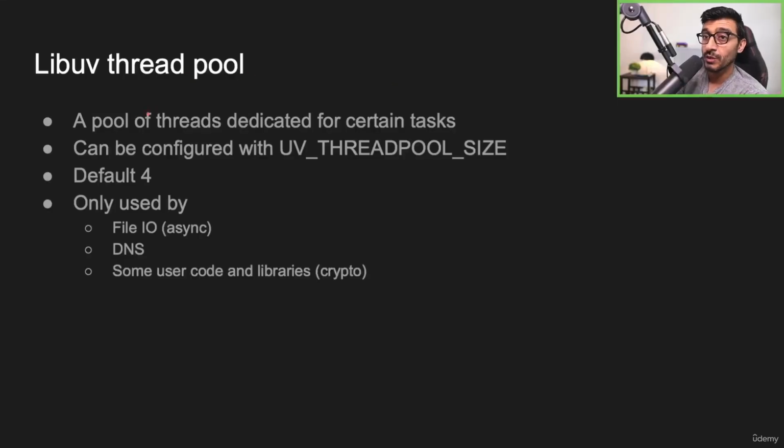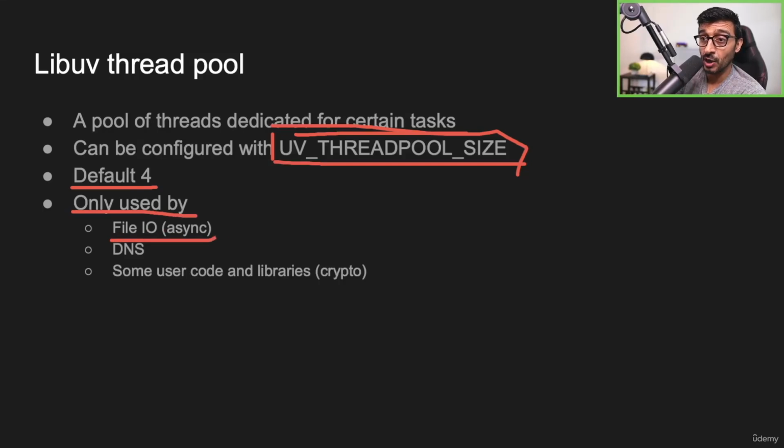So, libuv thread pool. Let's talk about the thread pool. It's a pool of threads dedicated to certain tasks. What are the certain tasks? We talked about them a little bit. This is the environment variable that you can set to change that. The default is 4, and you can change it. It's currently used by async file I/O.